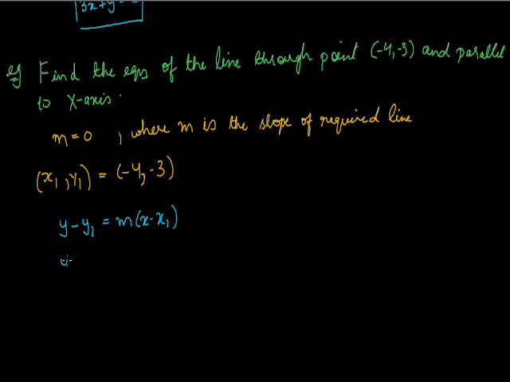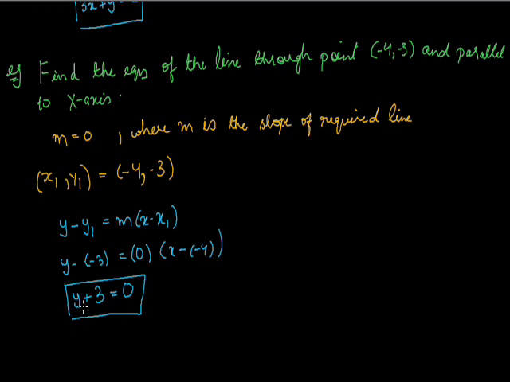So I'll get y minus of -3 is equal to m value as 0 and (x minus of -4). Now anything multiplied with 0 will fetch me 0, and over here minus and minus becomes plus. So y plus 3 is equal to 0. This is the required equation of the line which we were asked to find out.